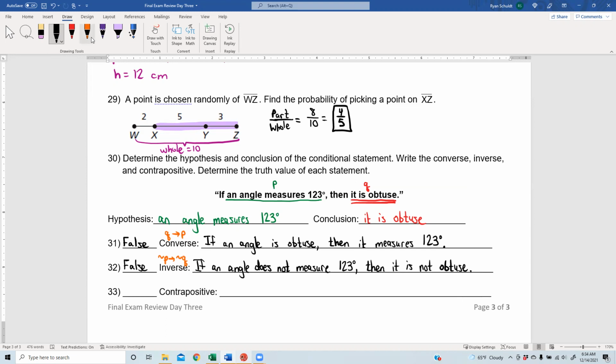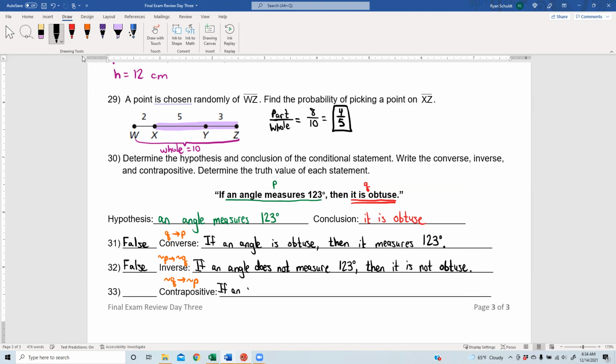Then we have the contrapositive. The contrapositive is if not Q, then not P. So I have to flip the order and negate everything.